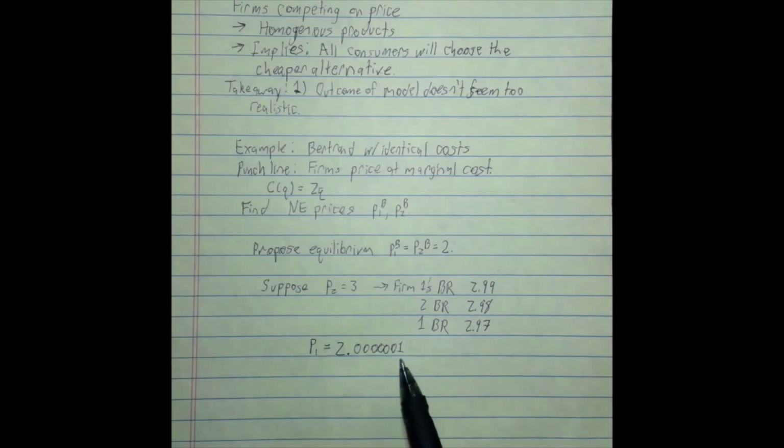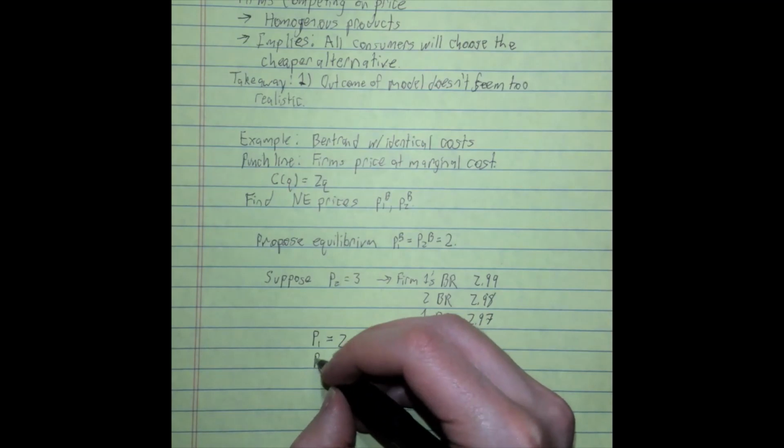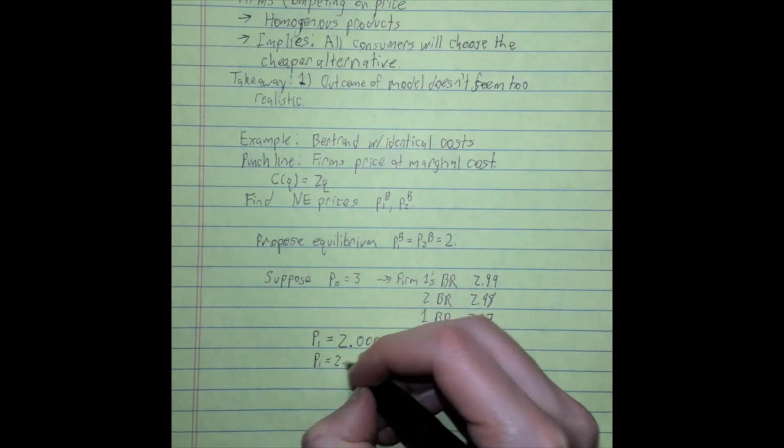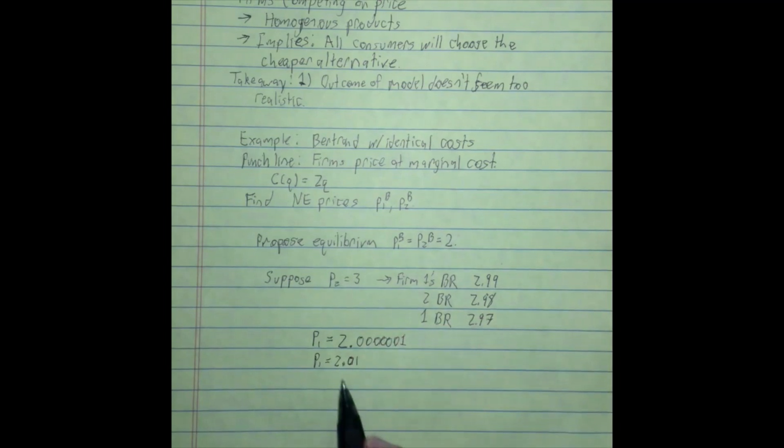If we're limiting ourselves to whole number cents, we could think of this as firm 1 should price at $2.01. If firm 2 prices at $2.01, they both get 1 cent of markup for half of the market.